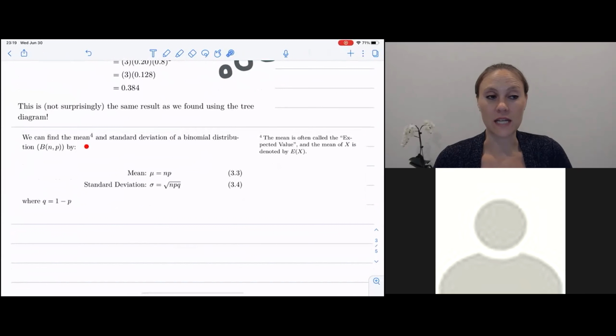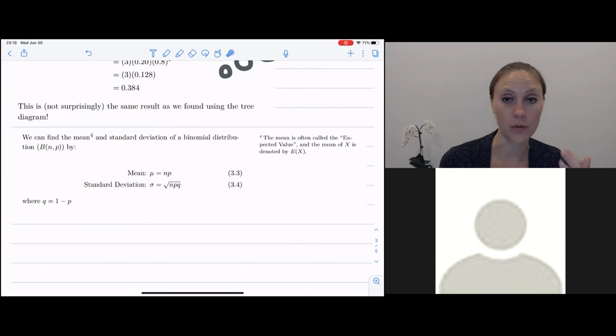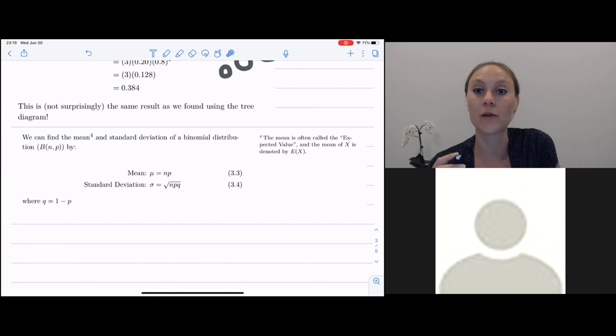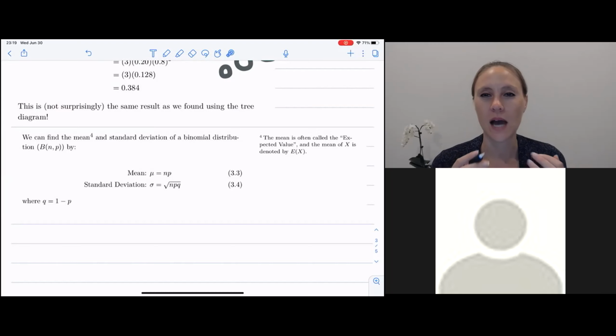So what's kind of neat is that we can still find the mean and the standard deviation of a binomial distribution. How can that be? So we have a number of trials, we have the probability of a success, and so if I flip a coin 10 times, how many tails am I expecting to see? 5, right?